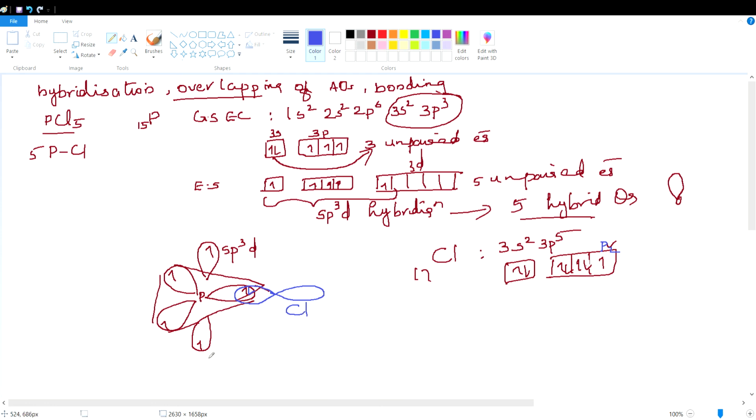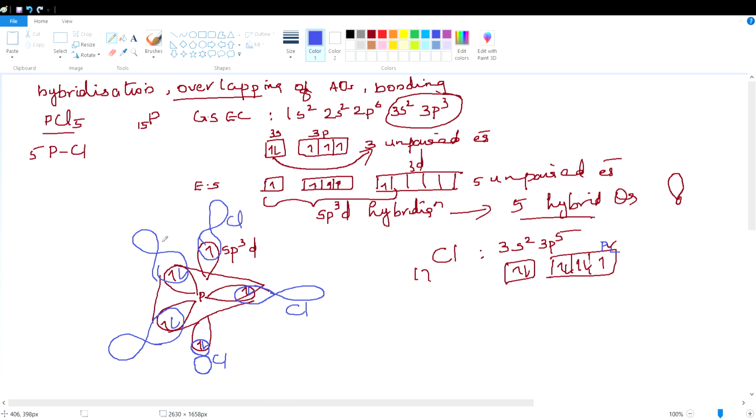Similarly, all the other sp3d hybrid orbitals of phosphorus overlap with the half-filled p atomic orbital of chlorine, forming phosphorus-chlorine bonds, resulting in sharing of electrons.